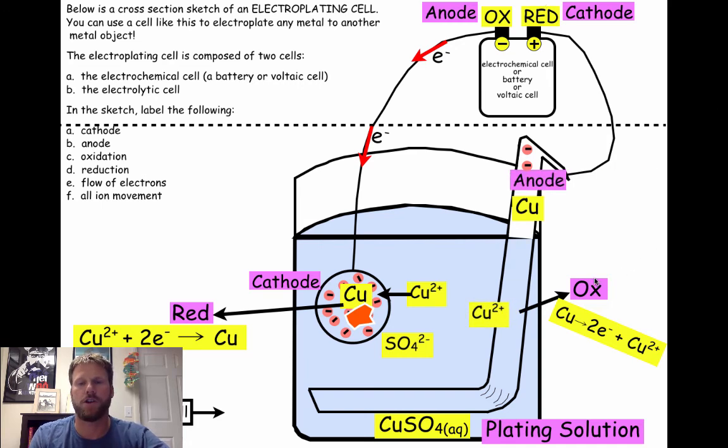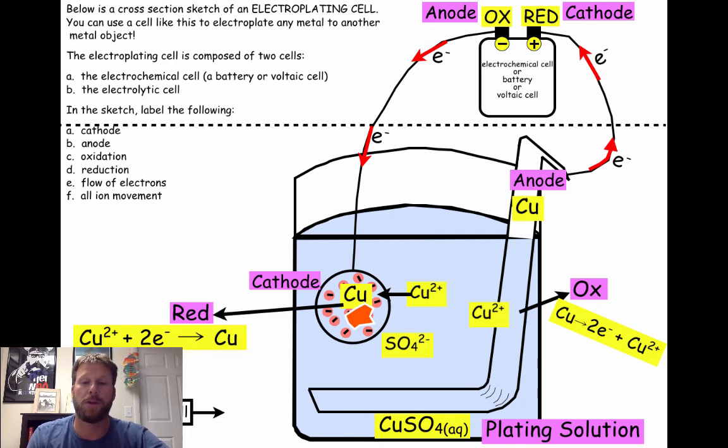Remember, oxidation occurs at the anode, so the strip of copper metal is the anode for the electrolytic cell. The electrons travel out of the anode for the electrolytic cell into the cathode of the battery. So we can complete our flow of electrons by drawing these arrows from the anode of the electrolytic cell to the cathode of the electrochemical cell or the battery.